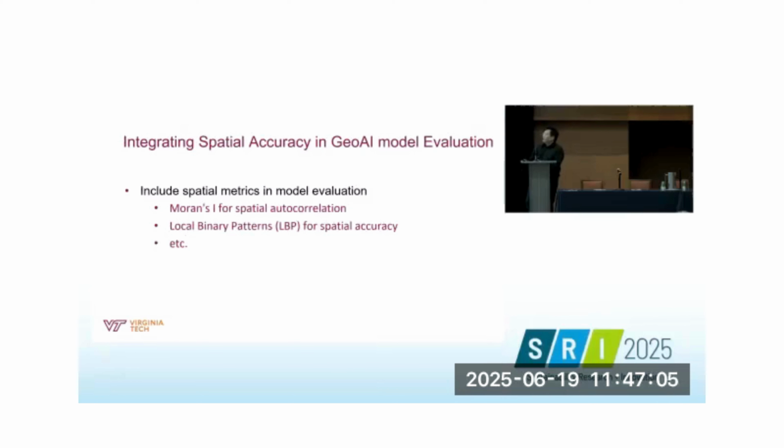There are some potential spatial metrics that could be involved in model evaluation, for example spatial autocorrelation and the local binary pattern, the LBP, which was previously brought up for model evaluation. Those can be added in the spatial evaluation or the model construction.